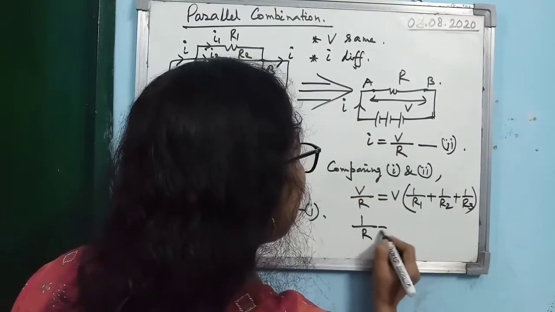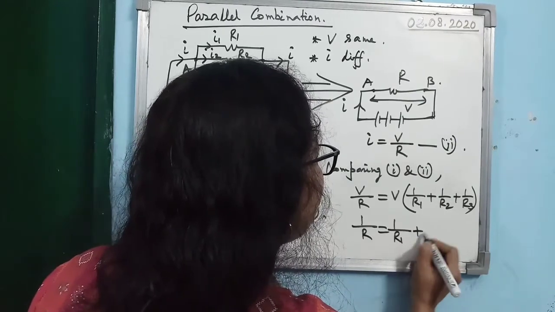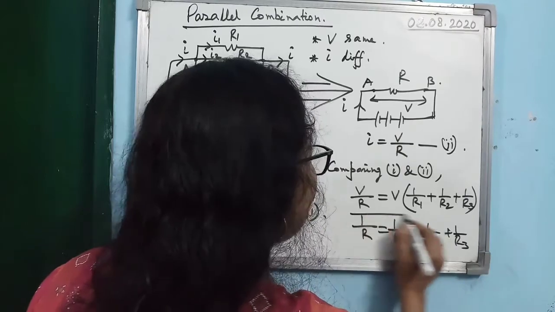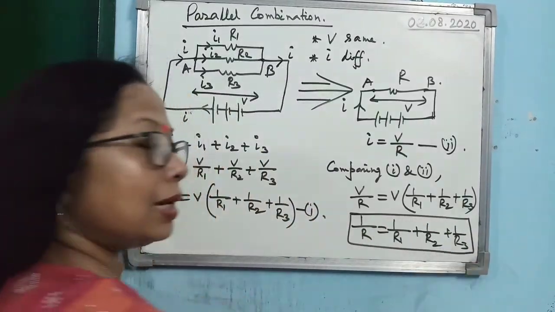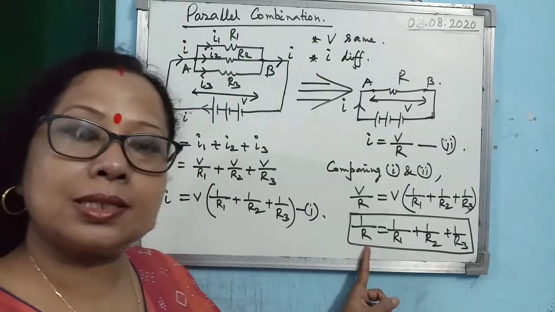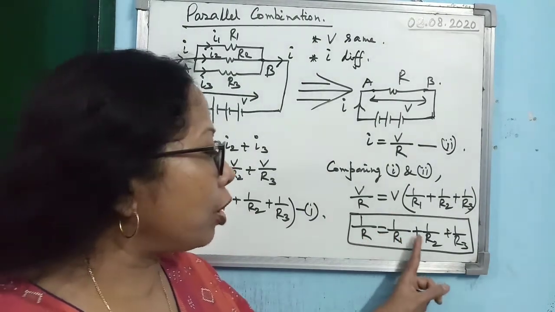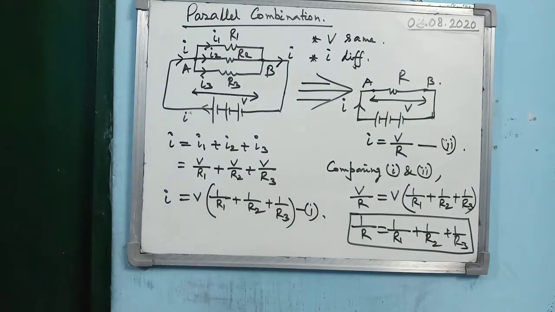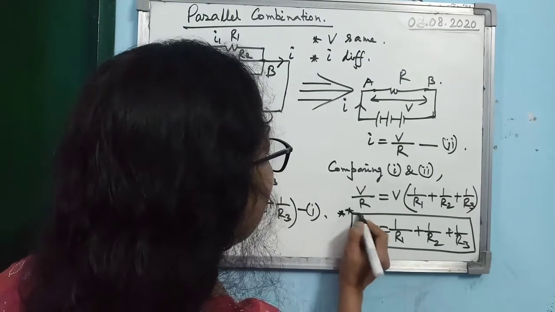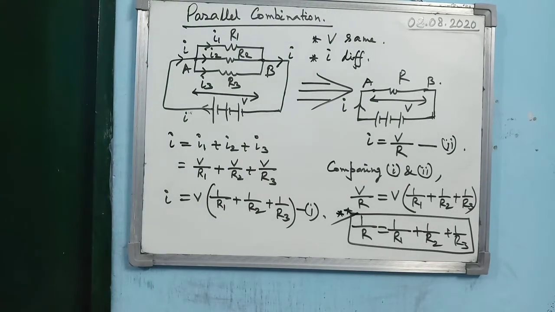So 1 by R is equal to 1 by R1 + 1 by R2 + 1 by R3. Means for parallel combination, the reciprocal of the equivalent resistance is equal to the sum of the reciprocals of all individual resistances. So this is the point you are supposed to remember.